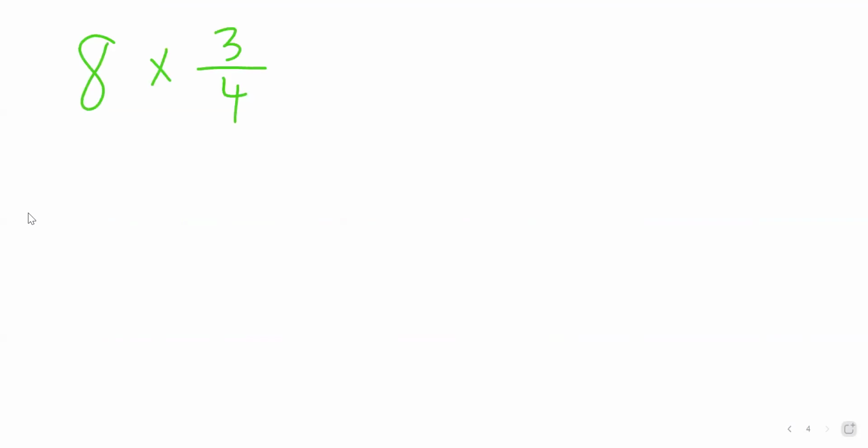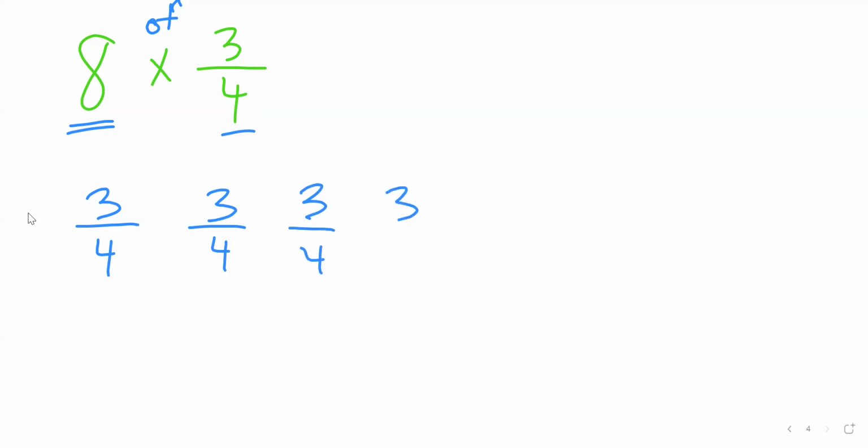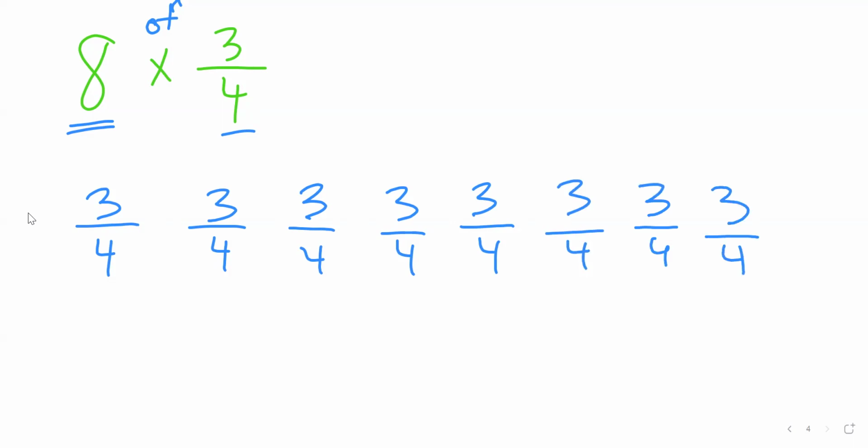So again, what it's literally telling me is that I have 8 groups of 3/4, which means I have 1 3/4, 2 3/4, 3 3/4, 4 3/4, 5 3/4, 6 3/4, 7 3/4, and 8 3/4. Sorry, I think I said 4/4 at some point.